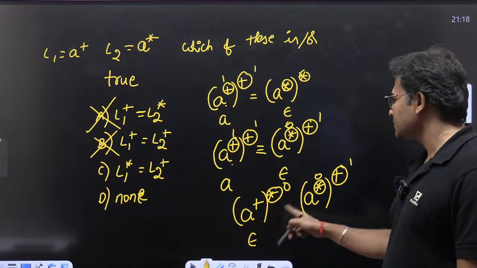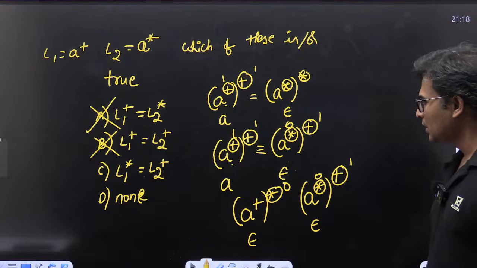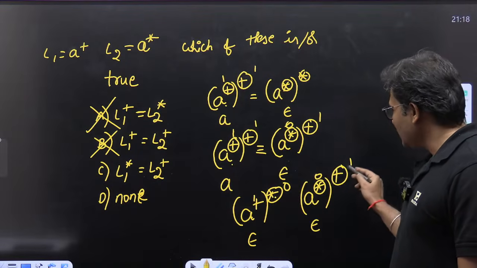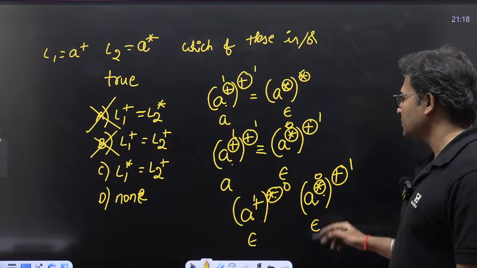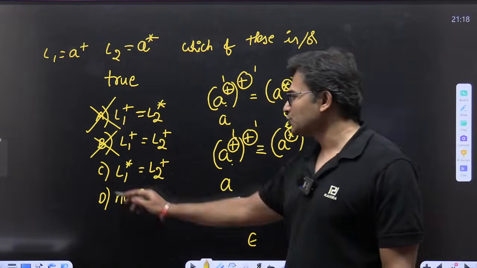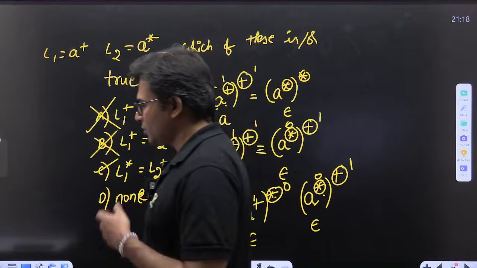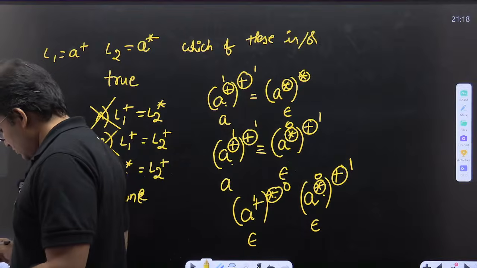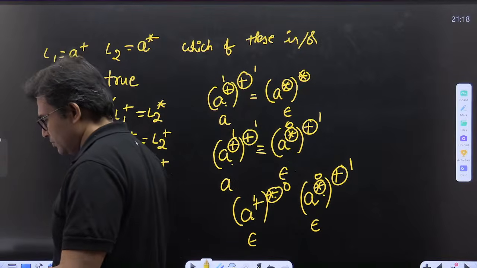So epsilon is present in both of them, right? And if I take 1 here, it is giving me A star, and if I take 1 here, it is giving me A star, which means every possible A is possible with both of these. So C is the answer. Very good.